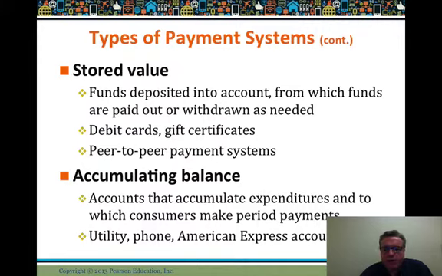For utility and phone, you're obviously piggybacking that onto a service that's already provided. American Express is typically for purchases using a card device that, again, is an accumulated balance device.